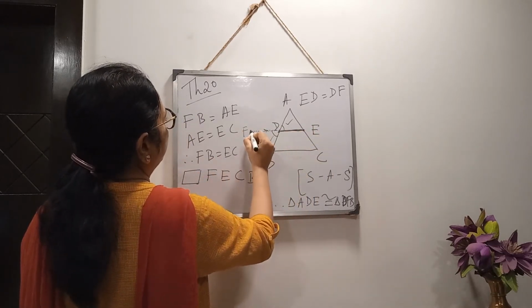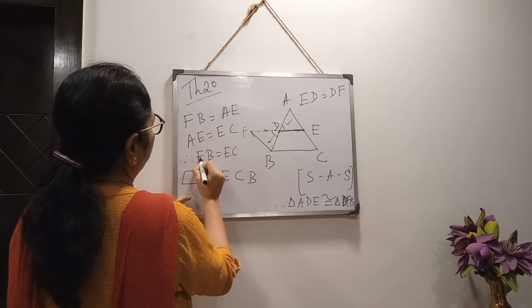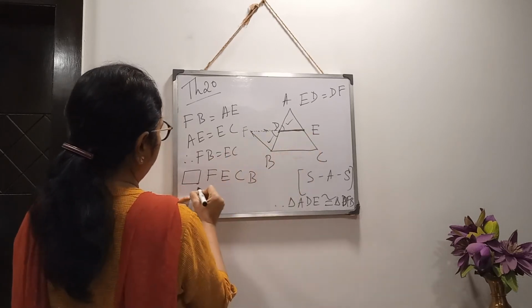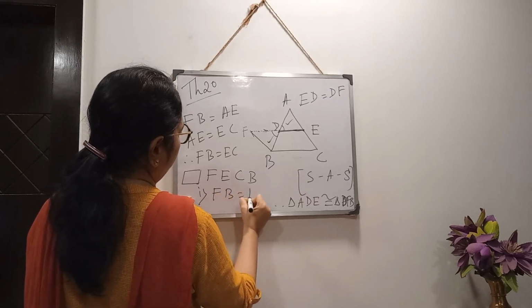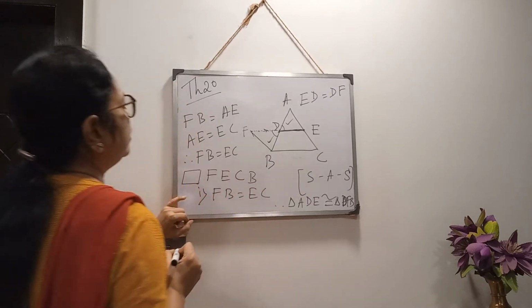In this quadrilateral, what have we seen? We have got FB equals EC. Number one, we have got FB equals EC. Clear?